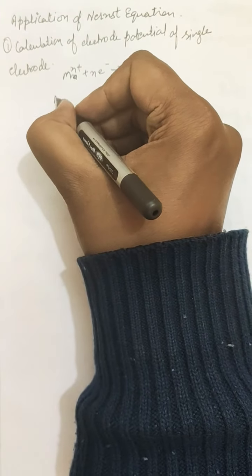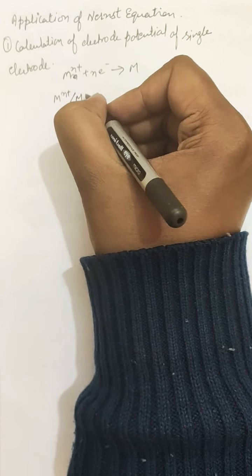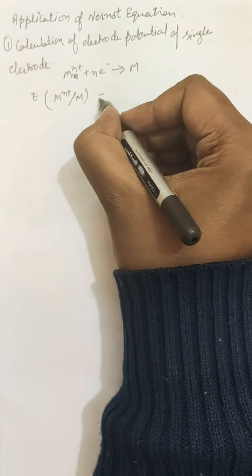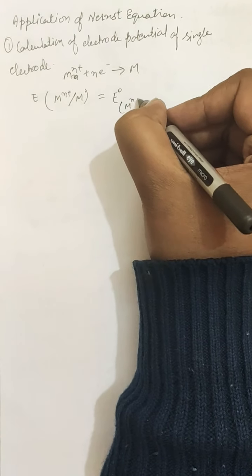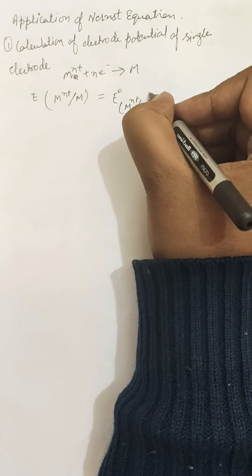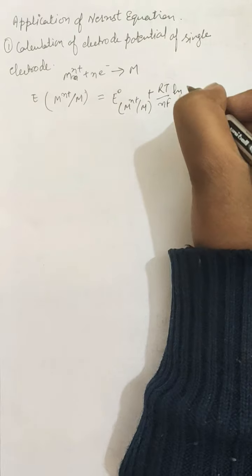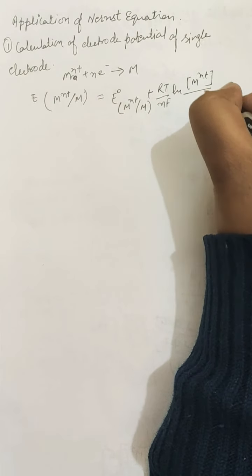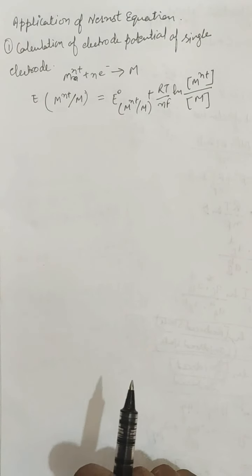Electrode potential of M^n+/M can be written as E° of M^n+/M plus RT/nF ln [M^n+]/[M]. So this is the Nernst equation for the single electrode reaction.